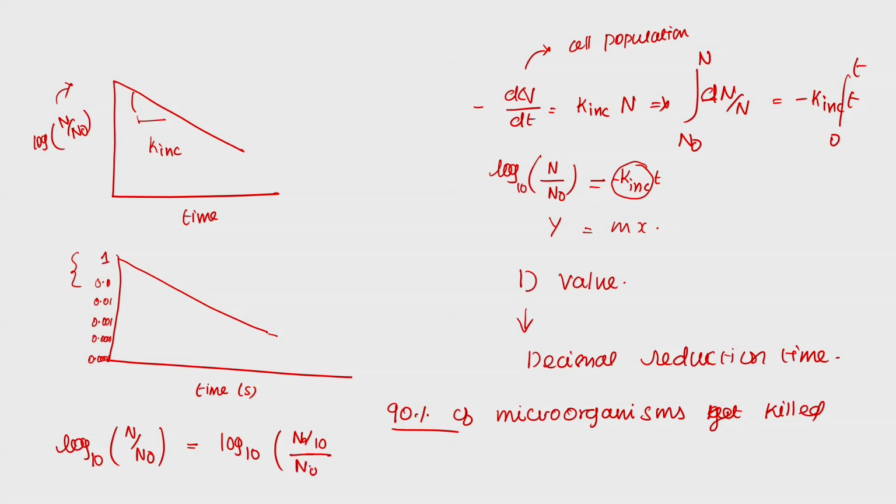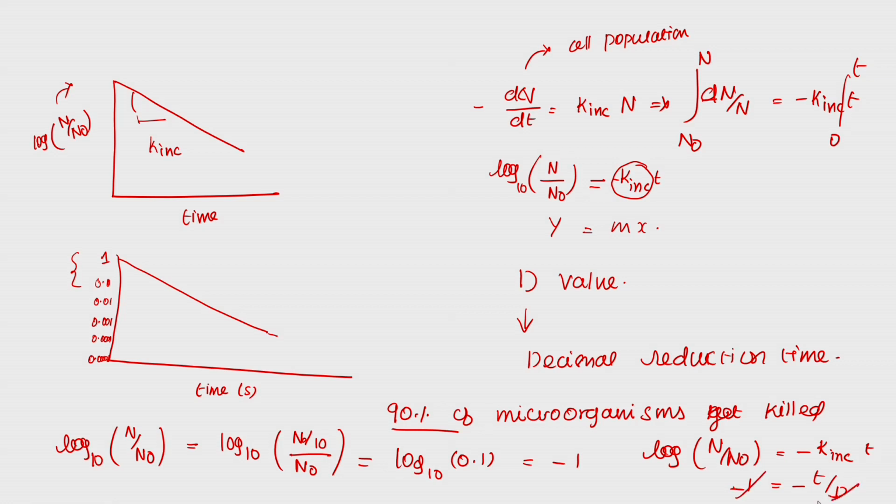So this will be log 10 of 0.1, so this is minus 1. We have already said that log of N upon N naught is nothing but minus k_inc into t. So this is minus 1, which is nothing but minus t upon D. So minus minus, so t equal to D, right.